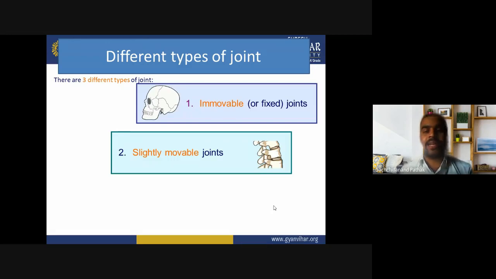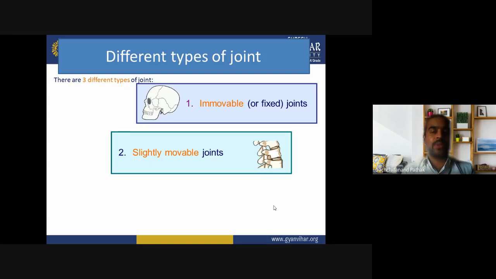Second is the slightly movable joint. Those joints can move but not freely, only slightly. It is not immovable, it is movable, it can move but only slightly, like our vertebral column. You can bend to some extent but not much.